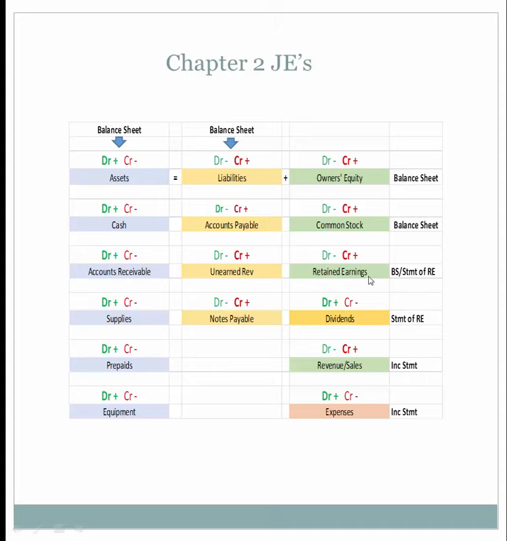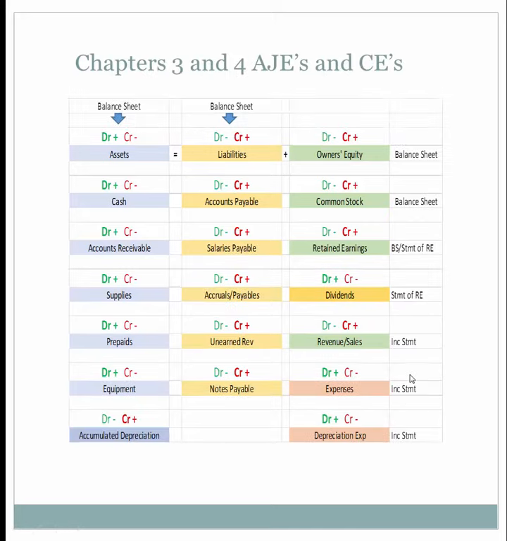Retained earnings increases with a credit. Dividends increase with the debit. Sales or revenue increase with the credit, and expenses increase with the debit. Again, common stock only on the balance sheet, retained earnings on the balance sheet and statement of retained earnings, dividends on the statement of retained earnings, income and expenses only found on the income statement.